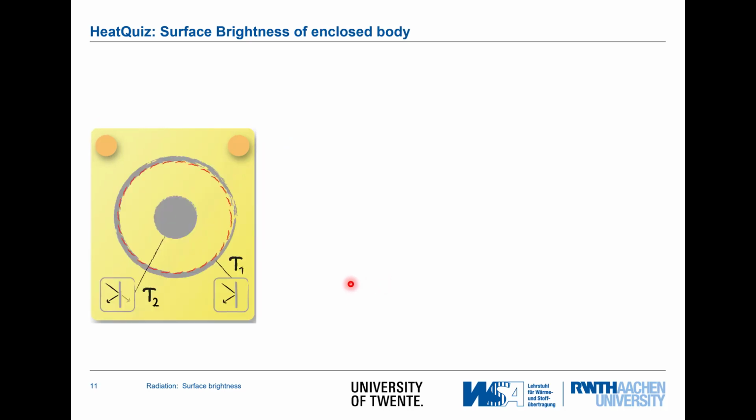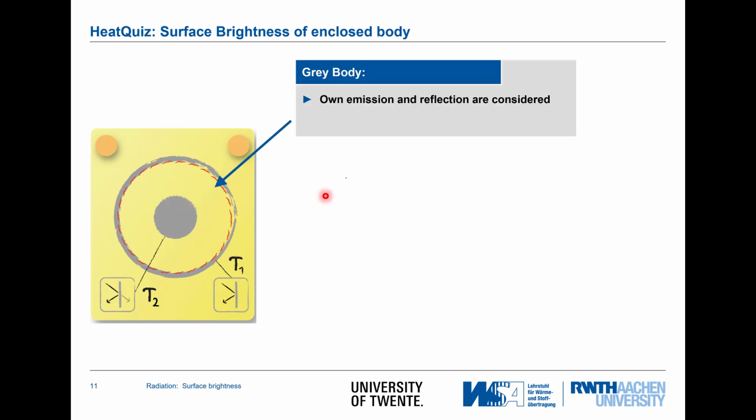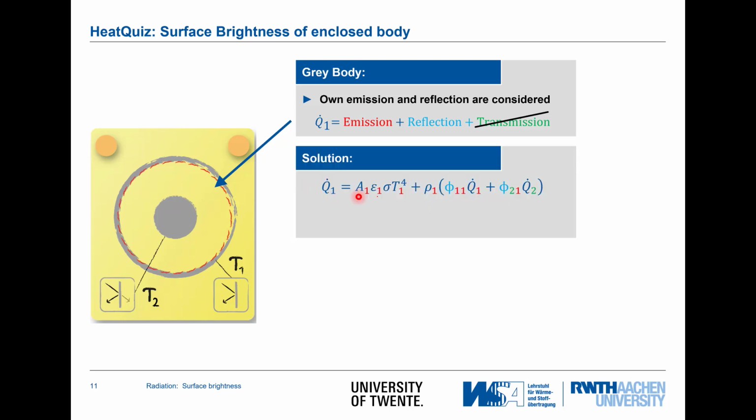Now let's have a look at an enclosed body. Object 1 shows reflection, object 2 also allows transmission, and both are gray objects. So we consider own emission and reflection, and this means transmission is not there for Q1, the surface brightness of object 1. This is the part that is emission plus reflection.